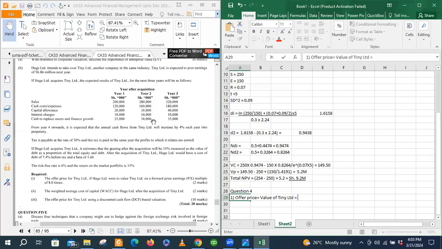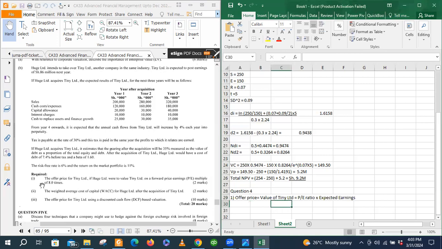Value of Tiny Limited equals the PE ratio times expected earnings. Remember the PE ratio valuation model? The value of the firm can be the PE ratio times the expected earnings.